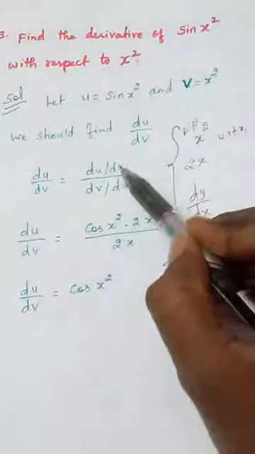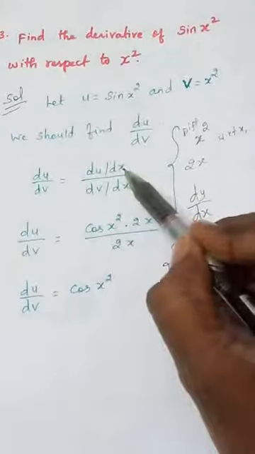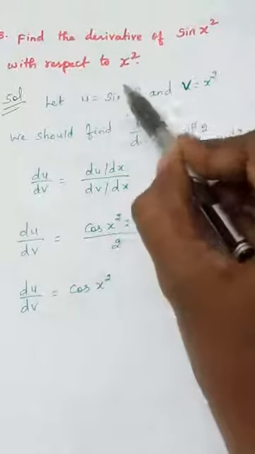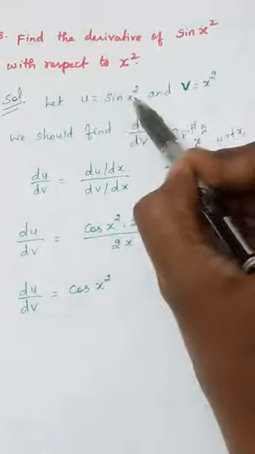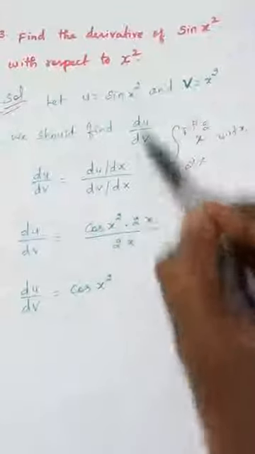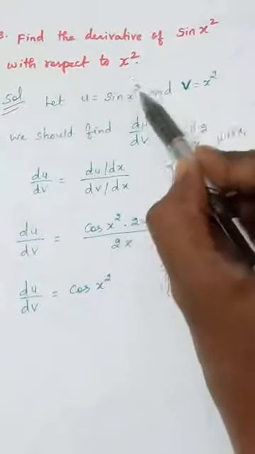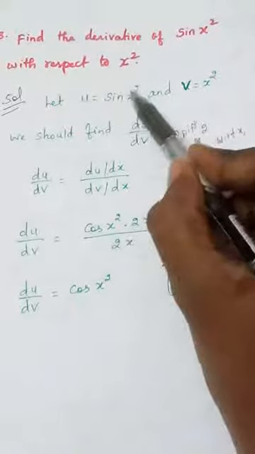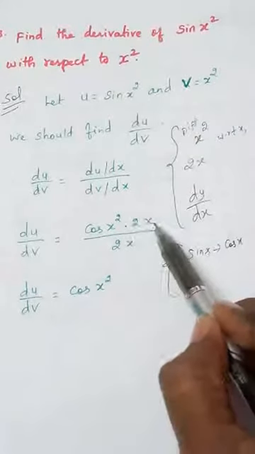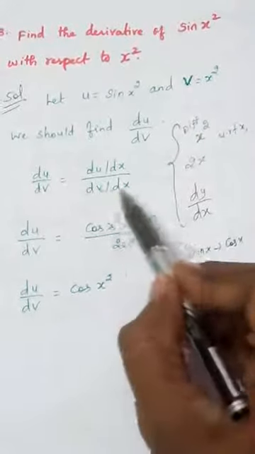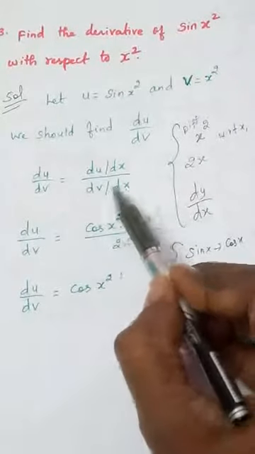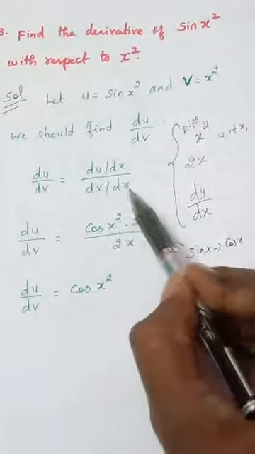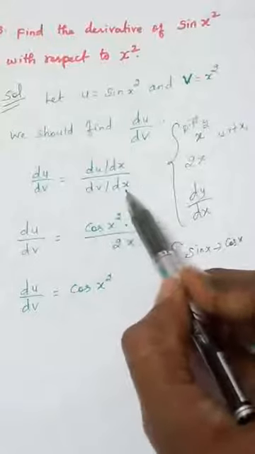Du by dx means differentiate u with respect to x. Differentiating sin x gives cos x, but in place of x, x square is present, so we differentiate it once again. So it becomes cos x square times 2x, divided by dv by dx. What is the meaning of this? Differentiate v with respect to x. This is v, and we differentiate x square with respect to x.